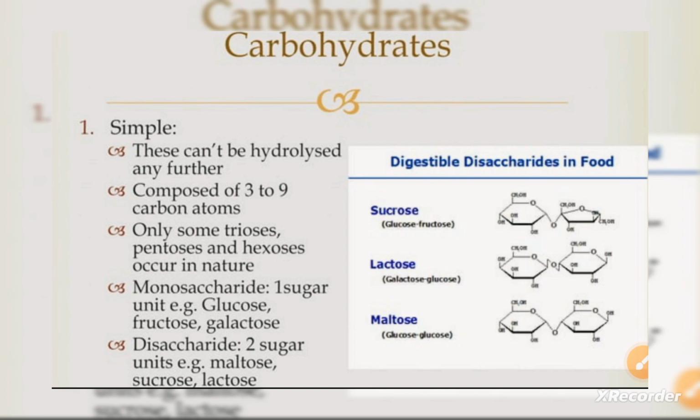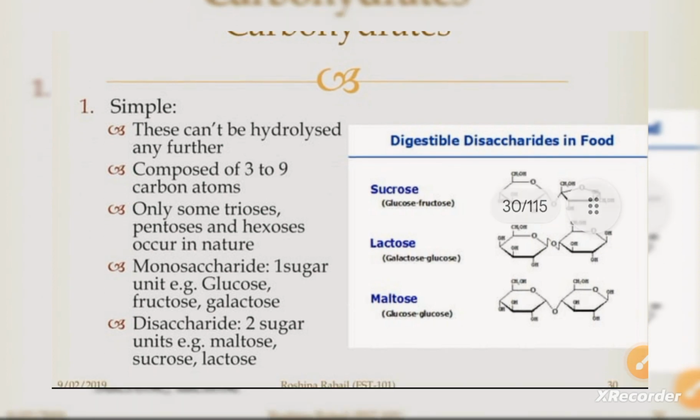Means monosaccharide is absorbed in our body, while disaccharide, oligosaccharide and polysaccharide are not absorbed directly; they are broken down in digestion by enzymes. Digestible disaccharides include sucrose, glucose plus fructose; lactose, glucose plus galactose; and maltose, glucose plus glucose.